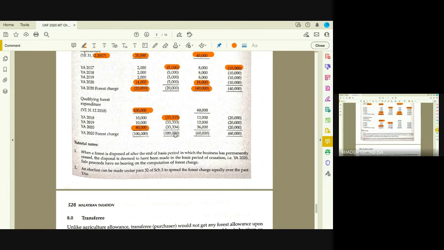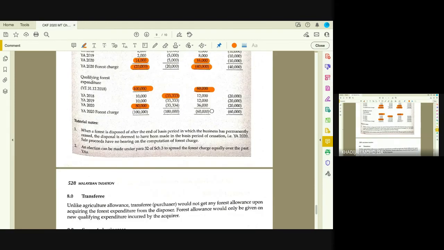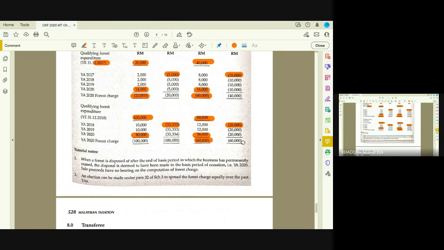Similarly, for your 2018, you have 60,000 capex here, but then you claim, how much was the rate? 20%. So 12,000, 12,000, but in the year of disposal, you have that 36,000, the balance. So total charge is 60,000 over a 3-year period, then how you get that 20,000 per year as a balancing charge. So for 2018, you have balancing charge of 20,000 here, and then you have balancing charge of 10,000.